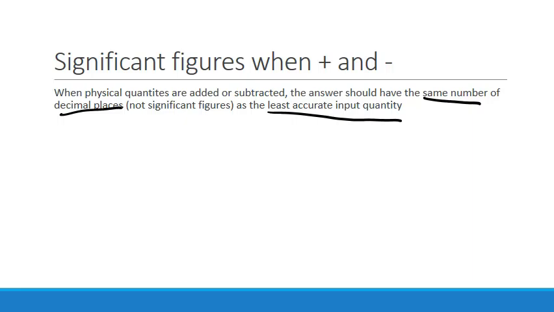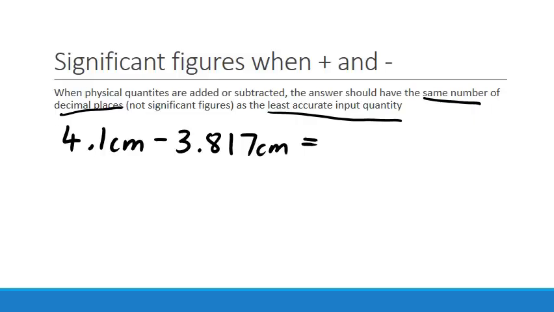So if I was measuring something, 4.1 centimeters, and I need to take away for some reason, and I measured it as, when I write my answer, I would only be able to go to one decimal place because that's what the least accurate input was.